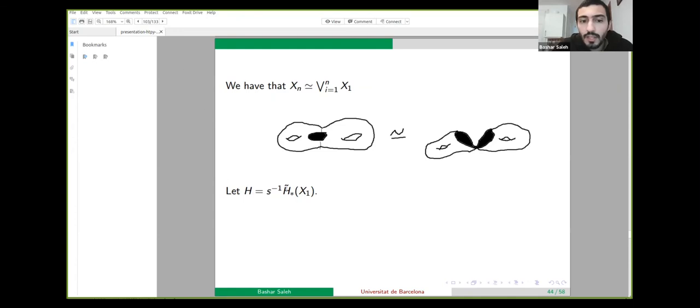Let H be the desuspension of the reduced homology of X_1. So in particular, the reduced homology of X_n, which is equivalent to a wedge sum, is just the direct sum of the reduced homologies.